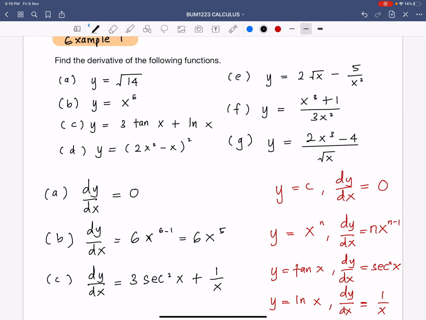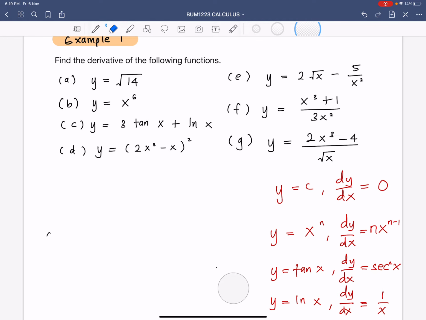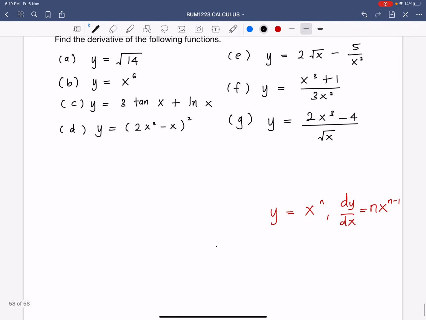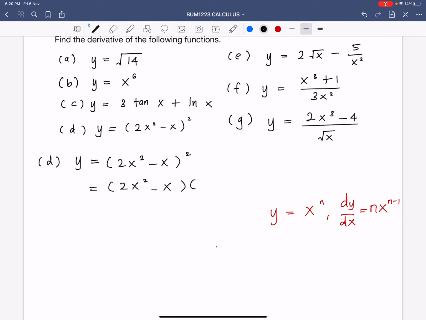Next, question E. Okay, I'll erase the solution for A, B, and C. Actually, for question D, I missed D just now. So for question D, we have y equals 2x squared minus x, all squared, where we know that this is 2x squared minus x times 2x squared minus x.